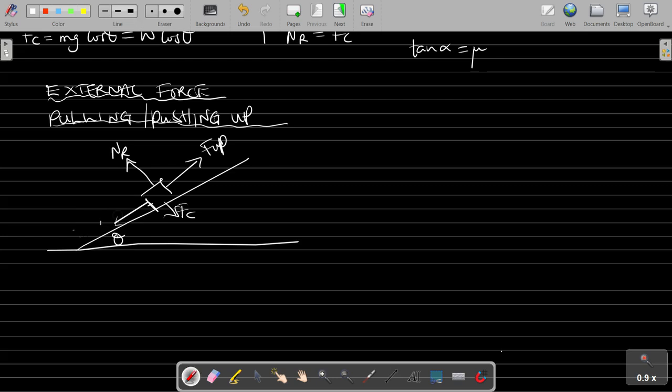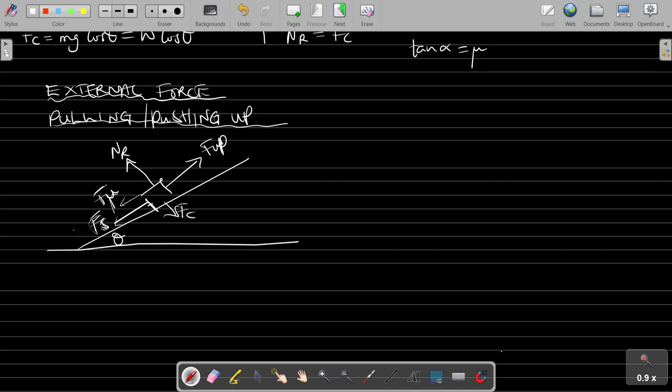This is our Fs. We also have frictional force, so frictional force moves in a downward direction.